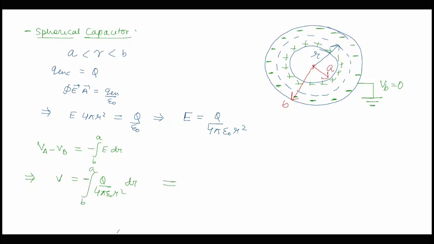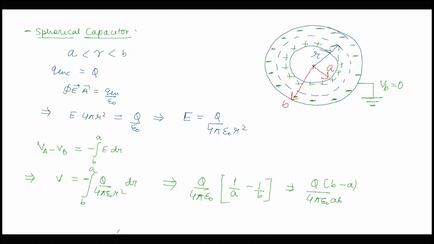So if we solve this, we obtain Q upon 4 pi epsilon naught, and the integration of 1 by r square is minus 1 by r, and if we adjust it with the minus outside, we write it as 1 by a minus 1 by b. So we obtain Q upon 4 pi epsilon naught ab, and over here it will be b minus a. So this is the value which we have obtained.